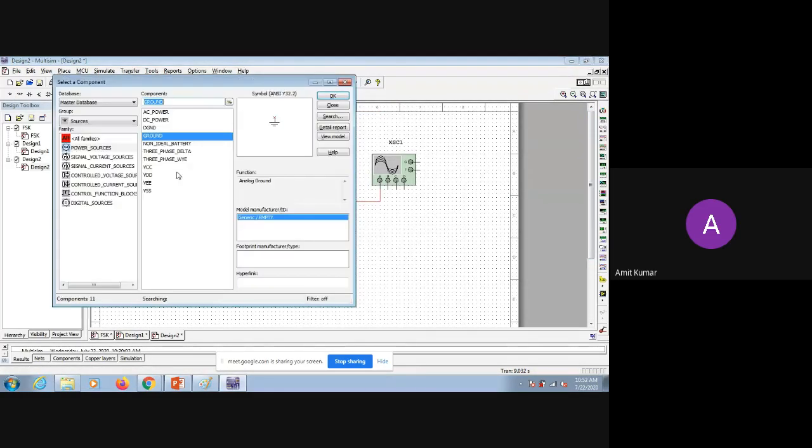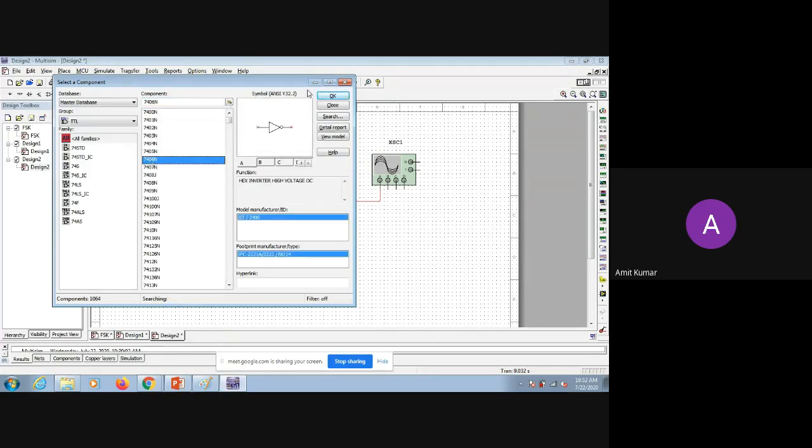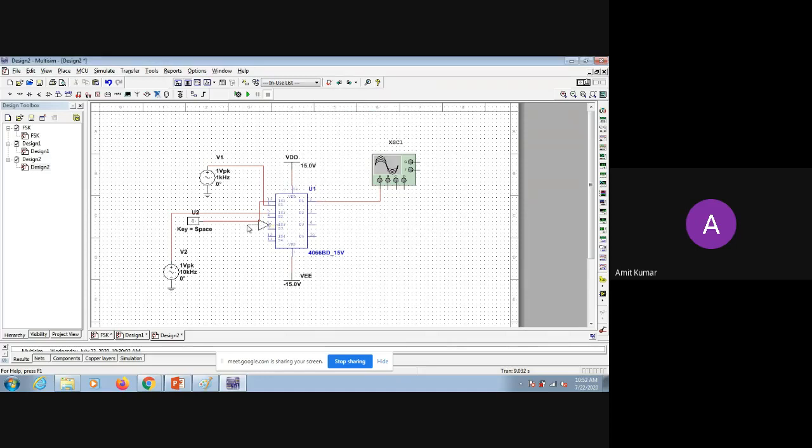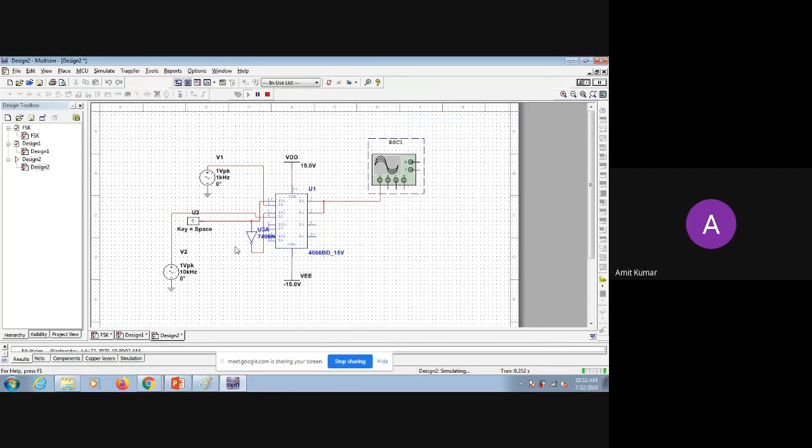So we are using the same fundamental that we have used. Instead of using this, now we replace it by pulses.